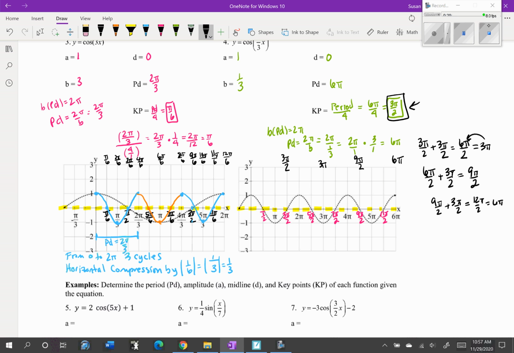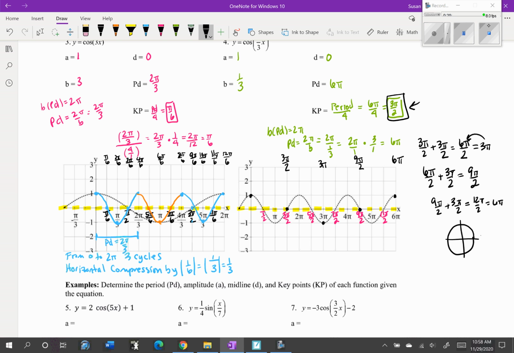And for my graph, it starts, of course, at 1. The next key point goes down to 0, but it's not at pi over 2 anymore. Now we're at 3 pi over 2. The next key point would go below the midline, and that's at 3 pi. And then at 9 pi over 2, we would be back at the midline. And then at 6 pi above, because remember, we're following around our circle.